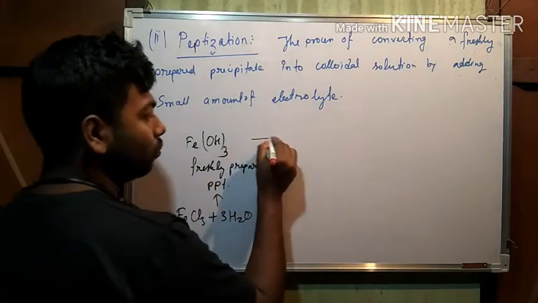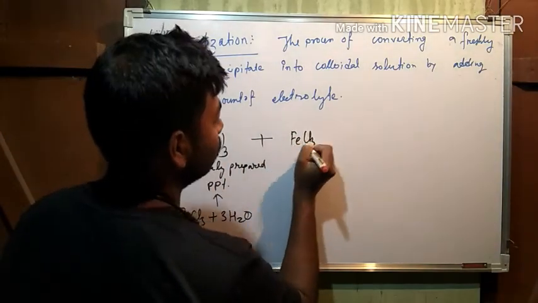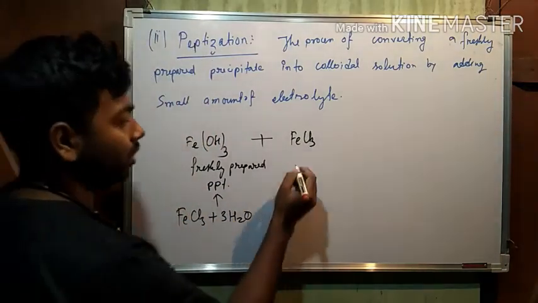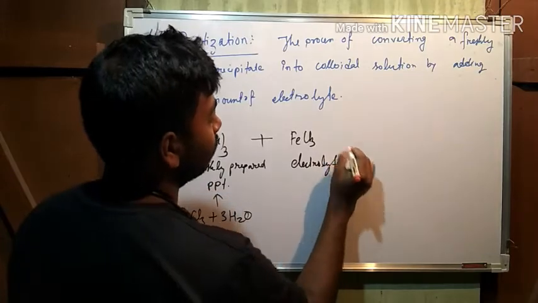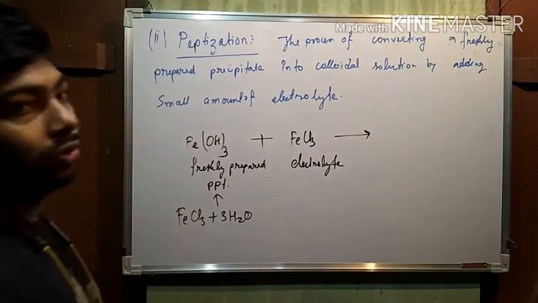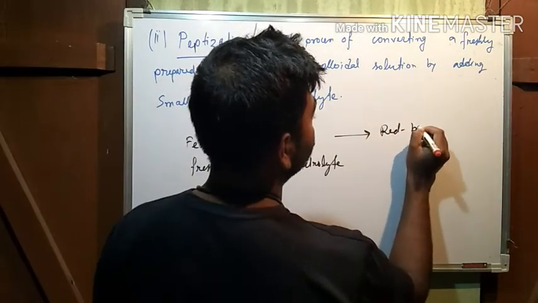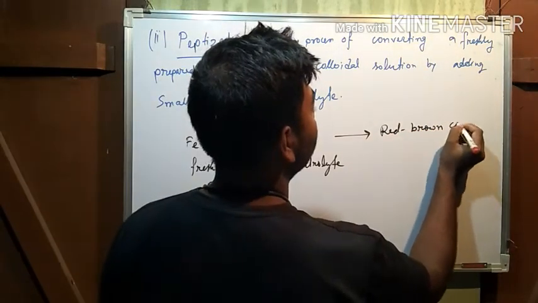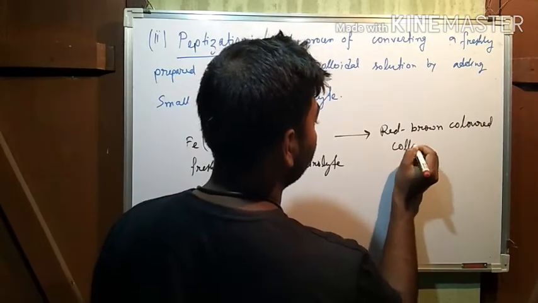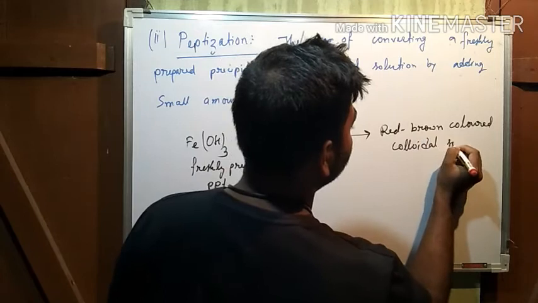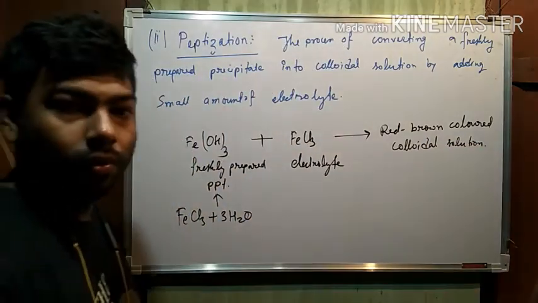Now, when it reacts with a small amount of electrolyte, suppose FeCl3 is the electrolyte, it produces colloidal solutions, which is a red-brown colored colloidal solution we observe.